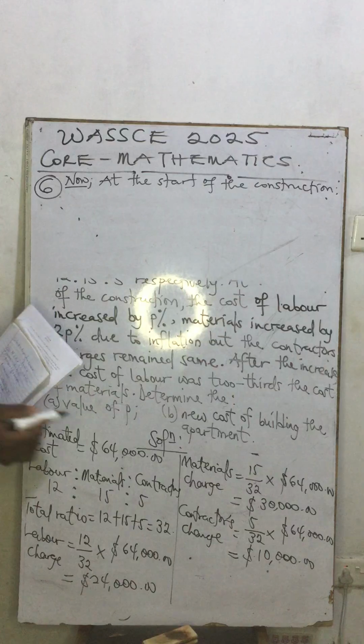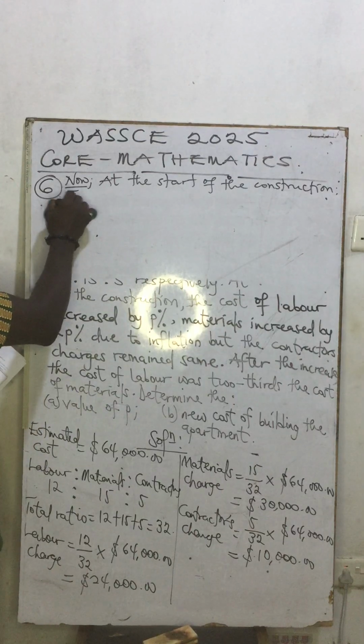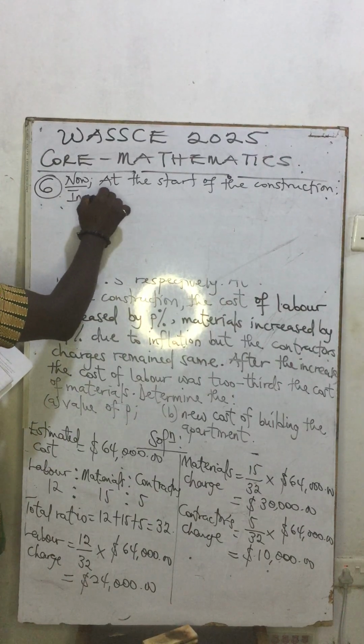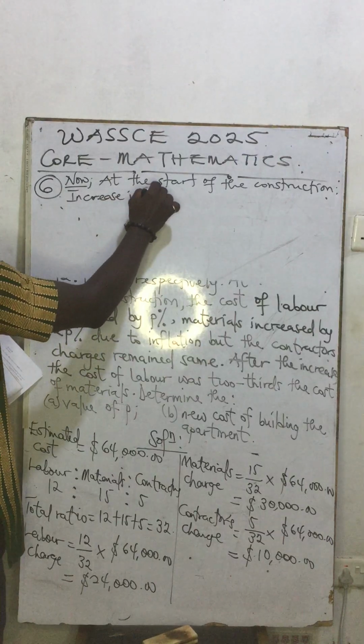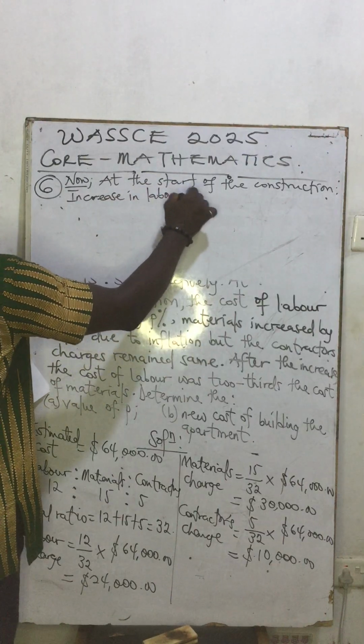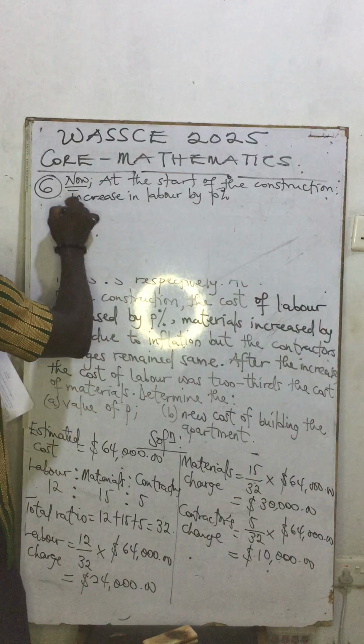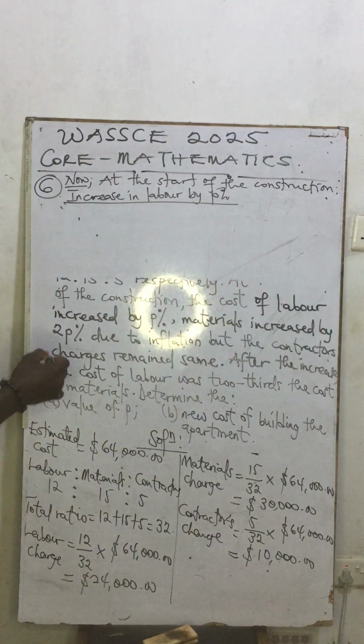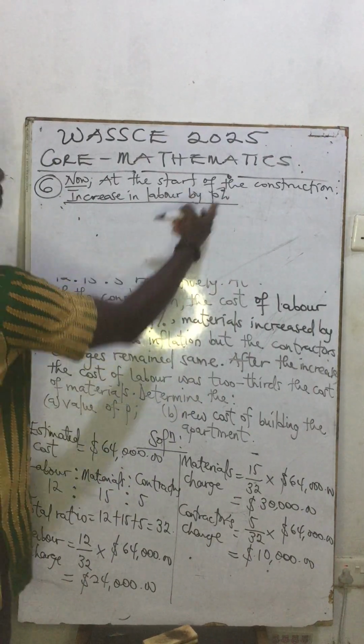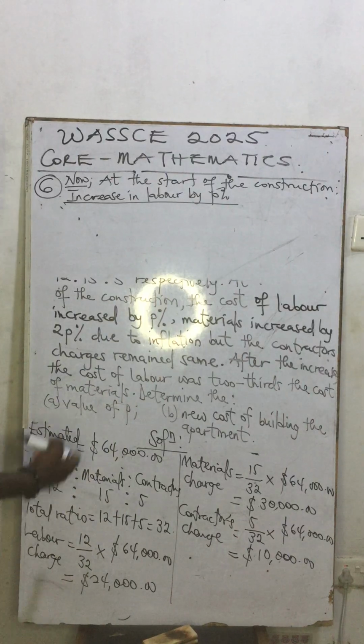Increase in labor by P%: this will be P over 100 times 24,000.